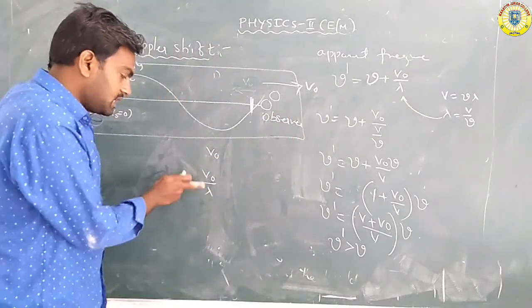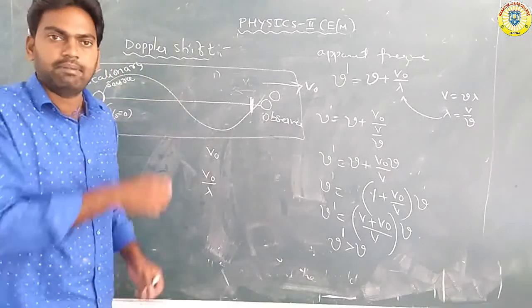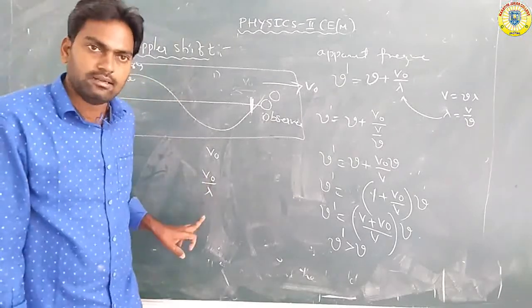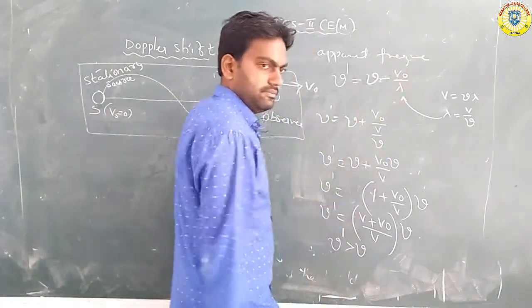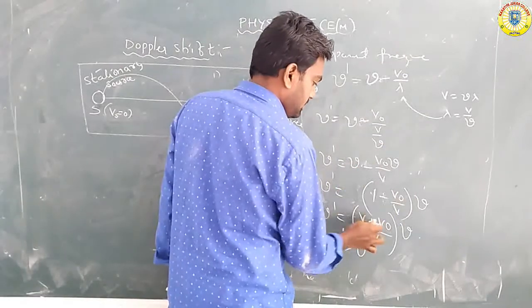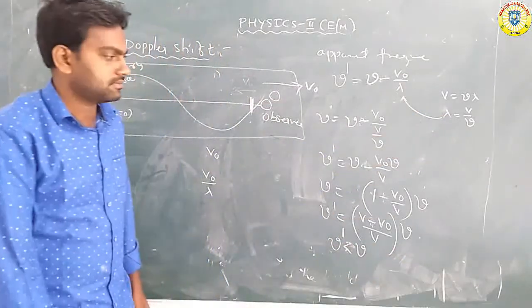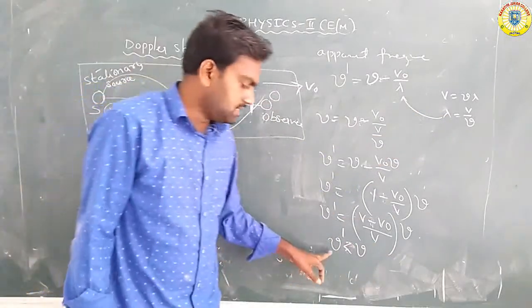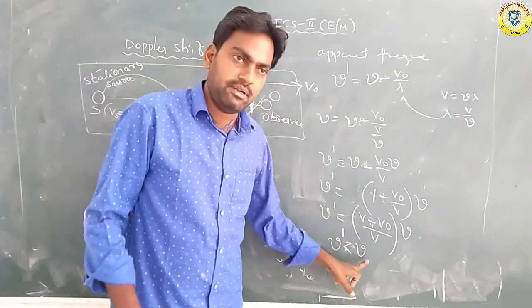In the before case the number of extra waves was a gain, but here there is a loss of v naught by lambda. So we write it mathematically with a minus. So the apparent frequency is less than the actual frequency.